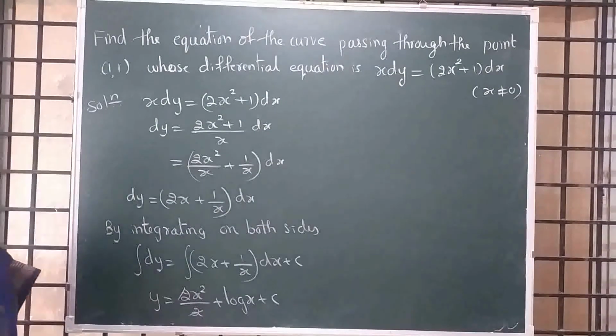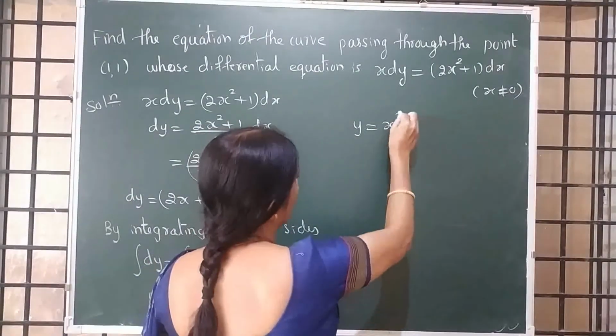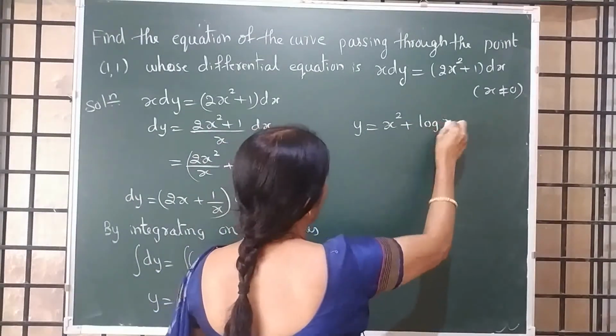See, this is the general solution. y is equal to x square plus log x plus c.